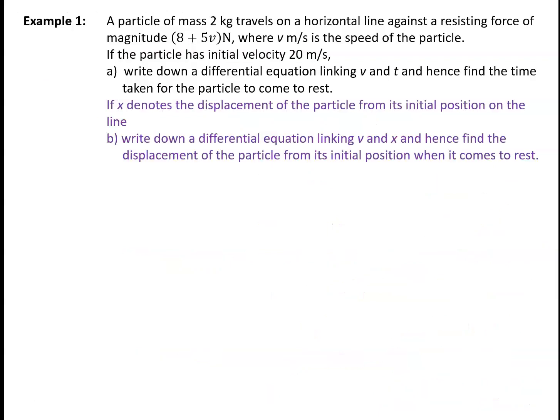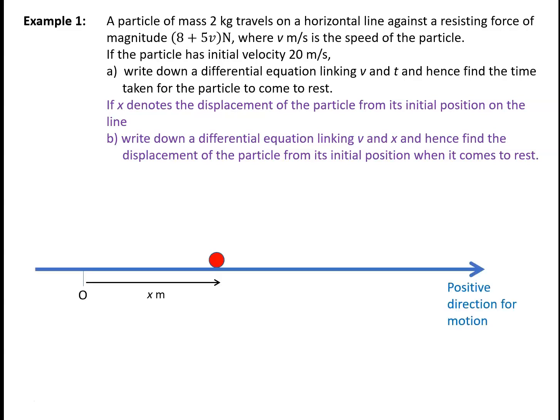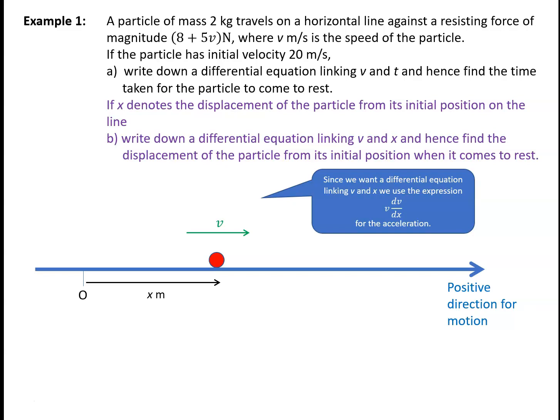Part B of the question, we've got to write down a differential equation linking v and x and find the displacement of the particle from its initial position when it comes to rest. So, again back to our diagram. Now this time we want a differential equation linking v and x.